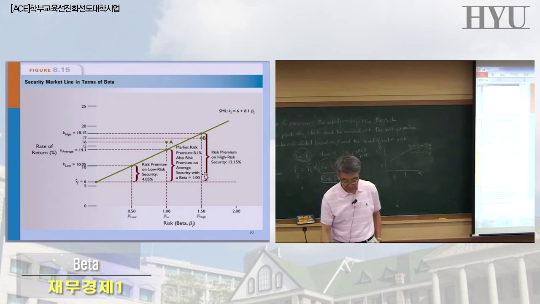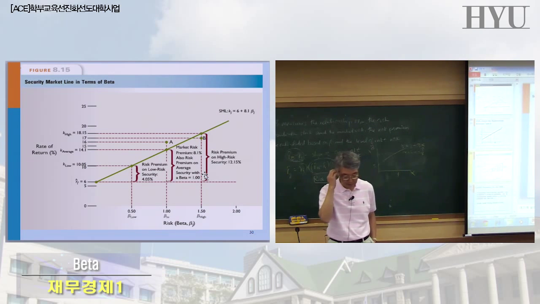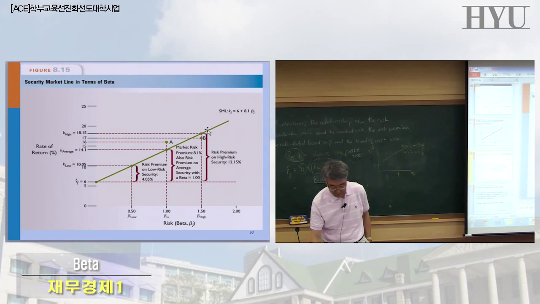So it is more volatile, which means it's riskier. It has higher risk. And for that much risk in the market, you would require 18.15% return. According to this calculation, if you plug in 1.5 here for beta, you will get 18.15. That's the required rate of return.